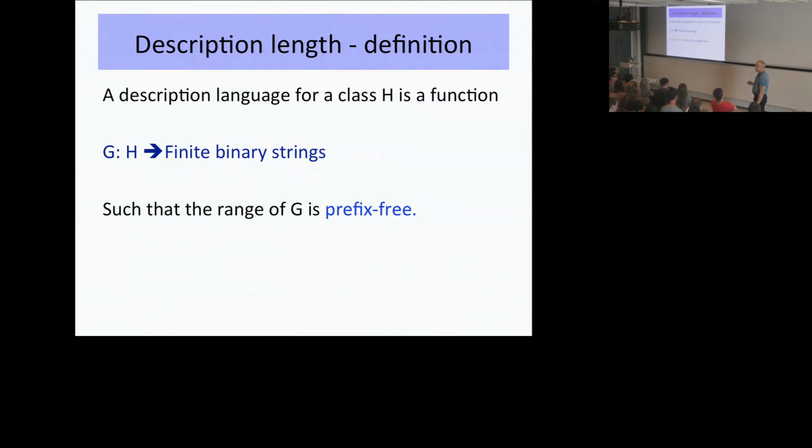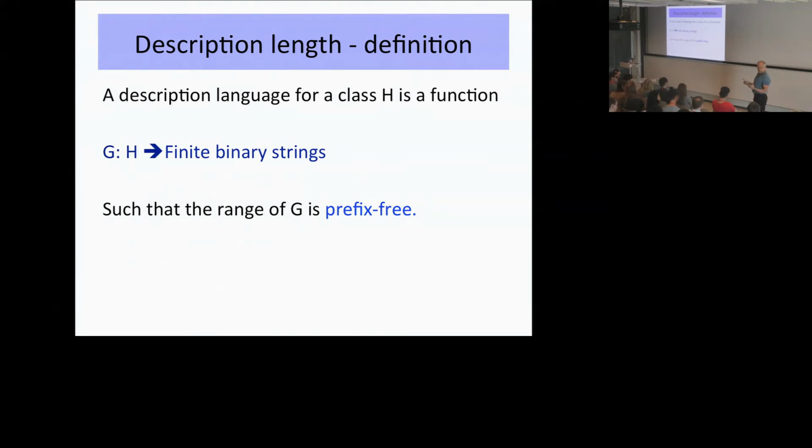What does it mean, prefix-free? It means that no description of H1 is a sub-description of H2. It is like I want to describe each H by a program, and no program is an initial segment of another. Because if I read my program, I get to the point where it says end of program, and I will stop reading.